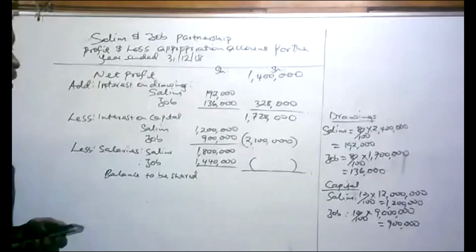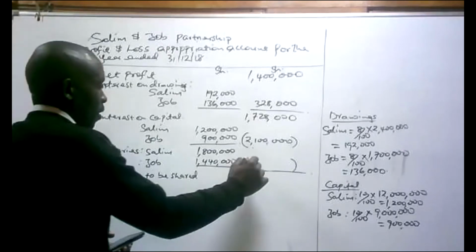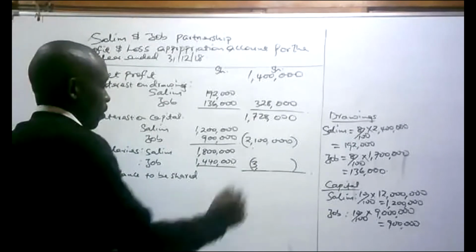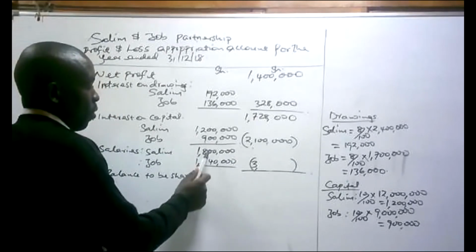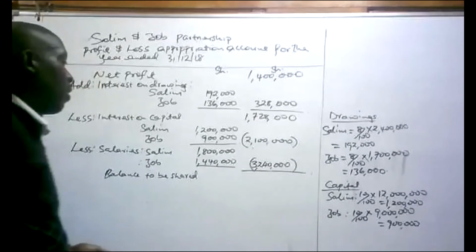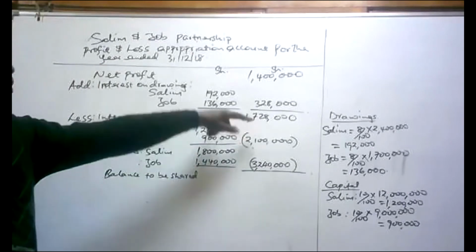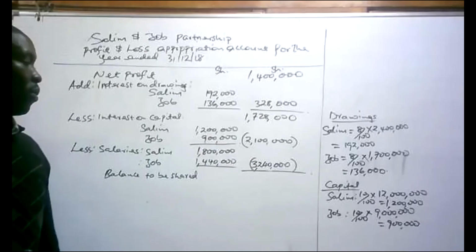Plus 1.8 million gives 3,240,000. Can you now do this calculation: 1.728 minus 2.1 minus 3,240,000?